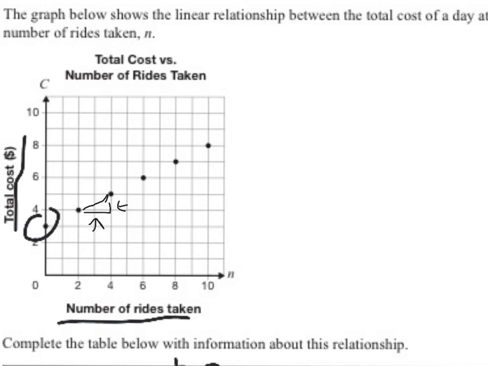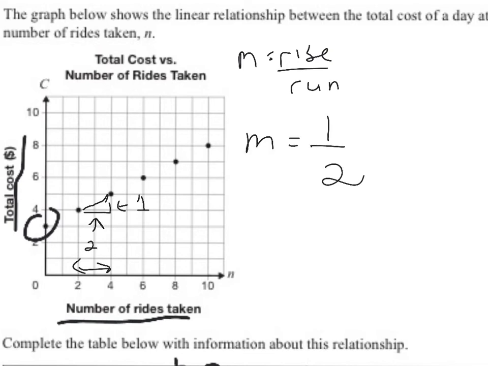As long as you get your scale correct, you should be able to do this correctly. My rise goes from 4 to 5, which is 1, and my run goes from 2 to 4, which is 2. So that's simple as long as you pay attention to your scale.